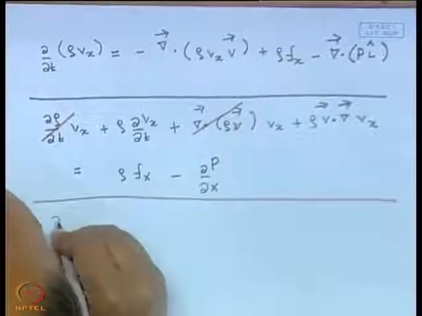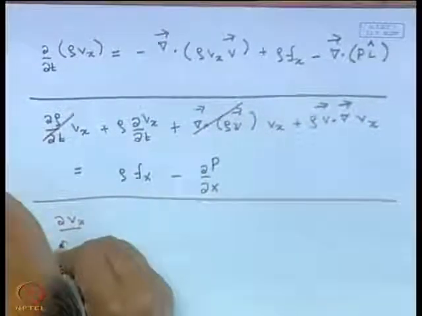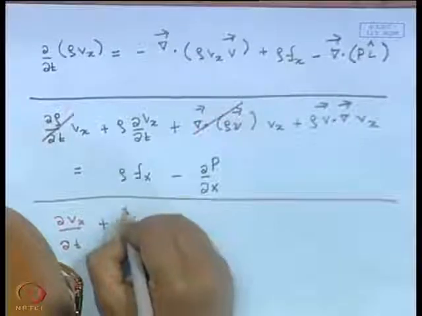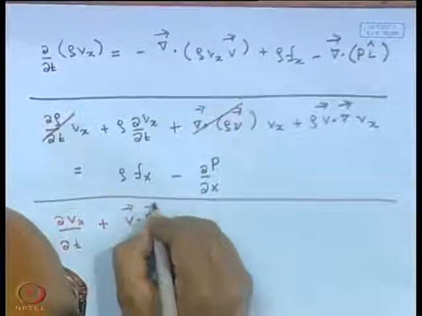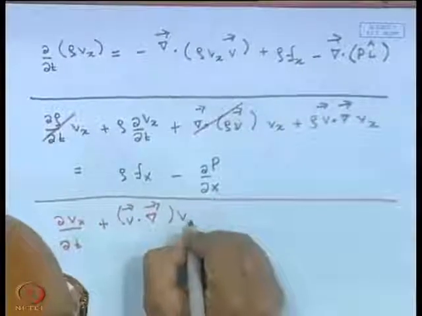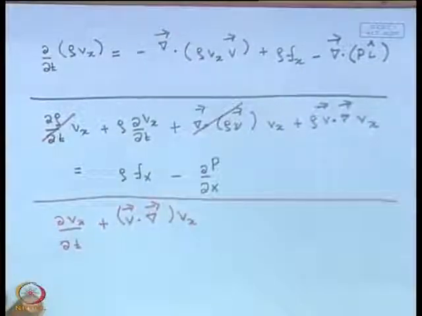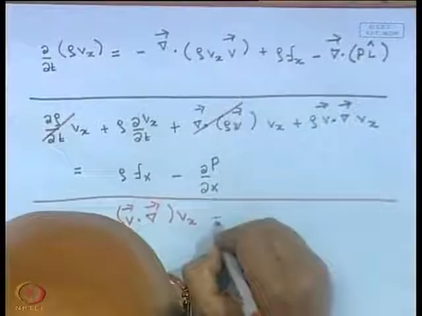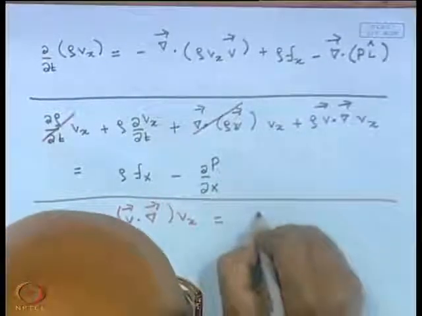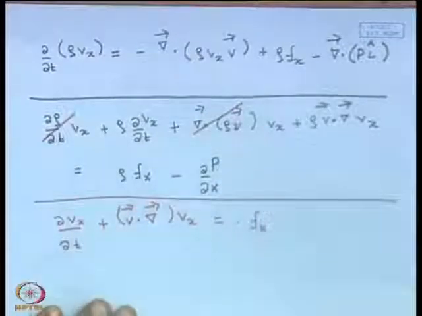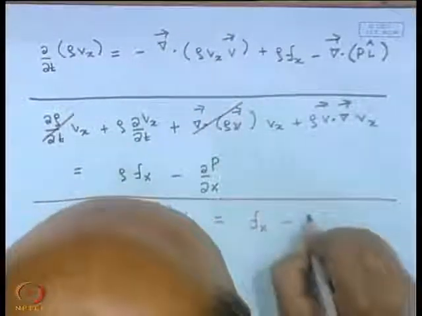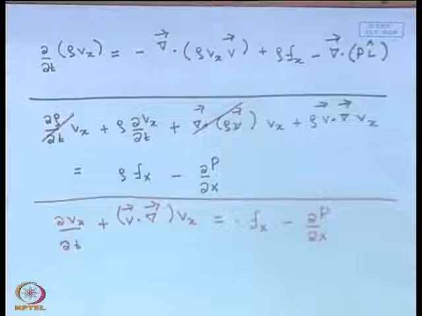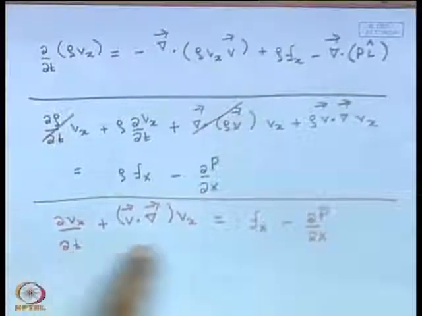So, the equation is del Vx del t plus V dot the gradient acting on Vx is equal to Fx minus 1 by rho del by del x of P. Okay. This is only the x component of the momentum.